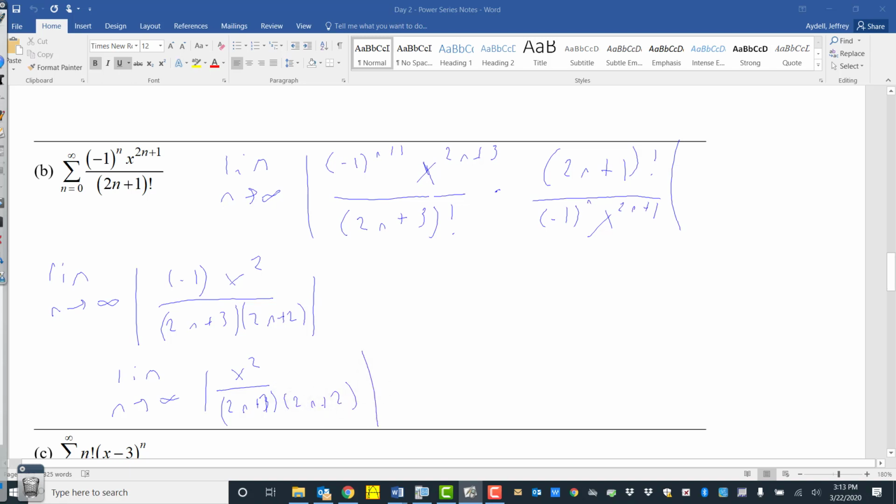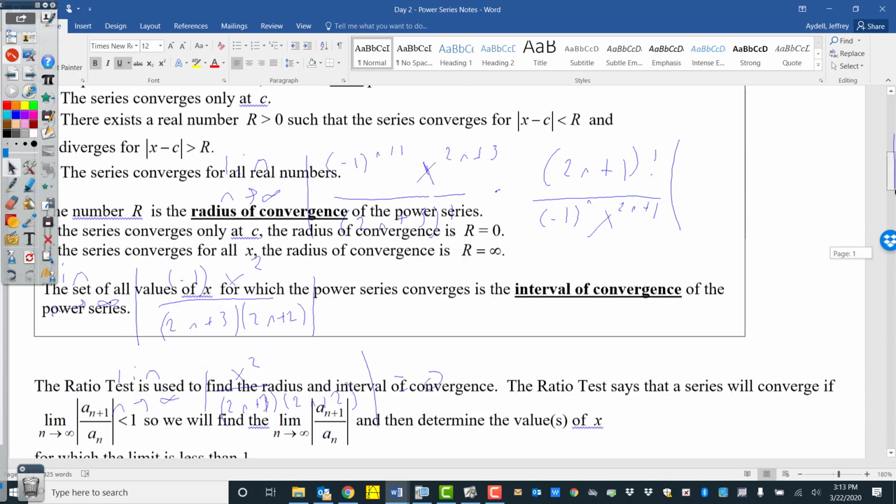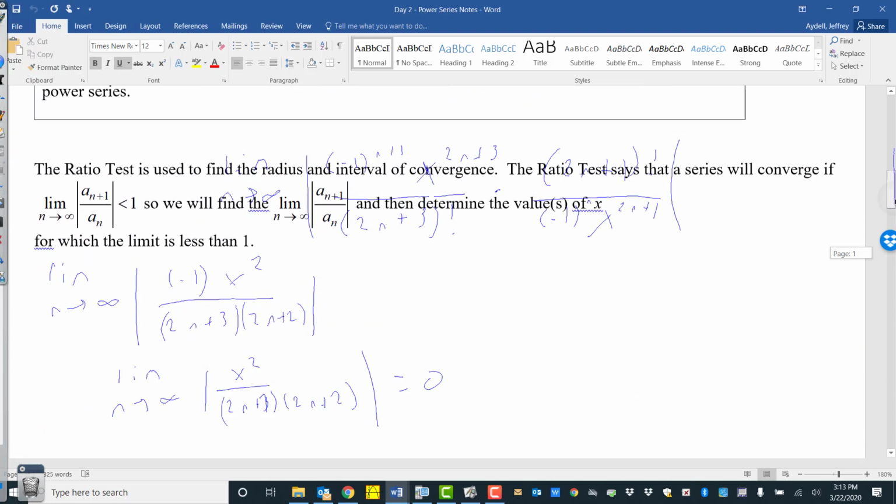And when n goes to infinity, this whole thing is going to go to 0. Which, if we look back up, that is always going to be less than 1. Because remember, we're looking for the ratio test to be less than 1.